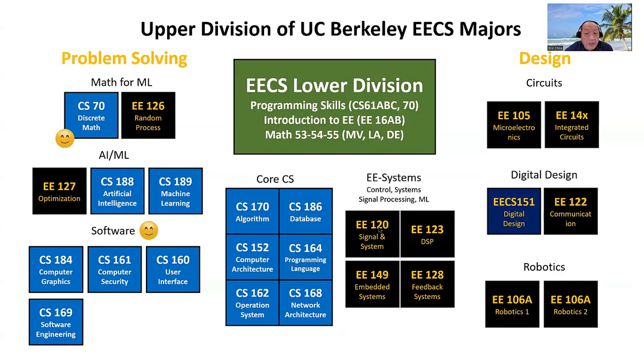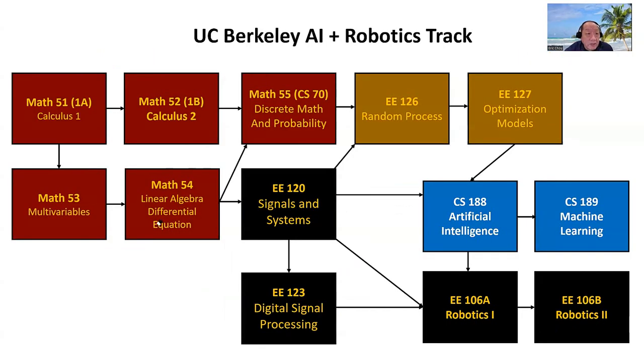Okay. And if you want to take the so-called AI and robotic track, then you finish your required calculus 1, 2. Okay.